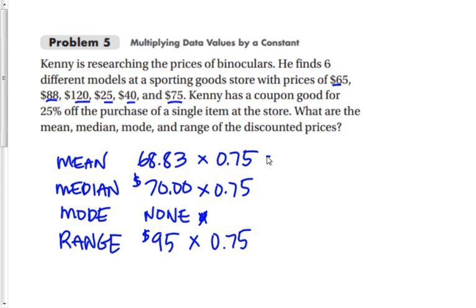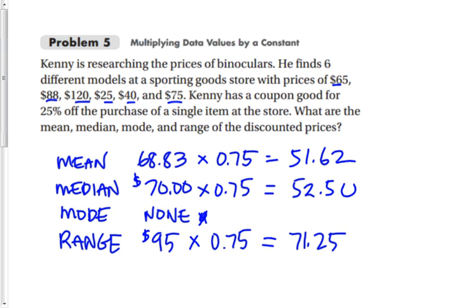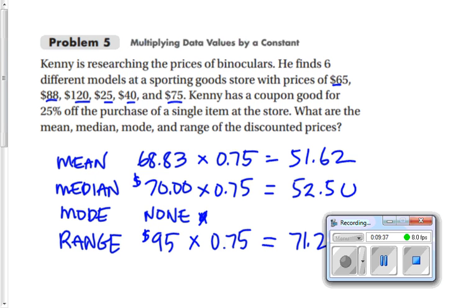So I'm finding 75% of the number, and that gives me 51.62 for the mean, 52.50 for the median, and so for the sale prices, and the range is going to be 71.25. Go ahead, you try that, and I'll check back with you.